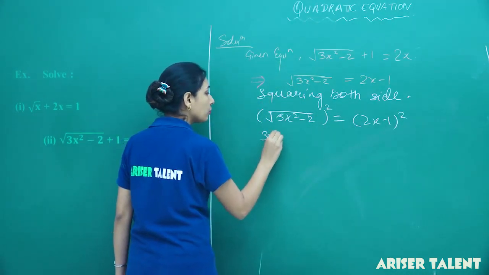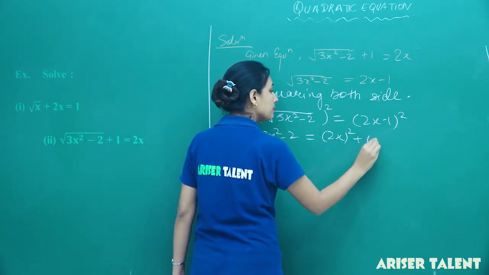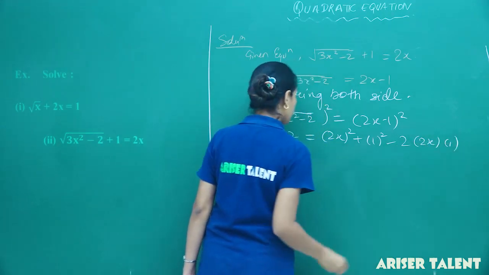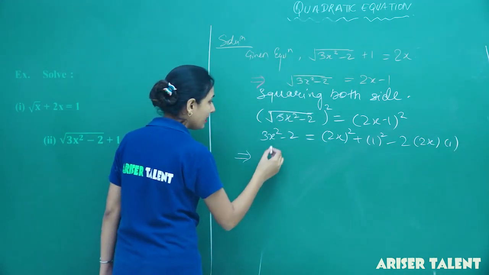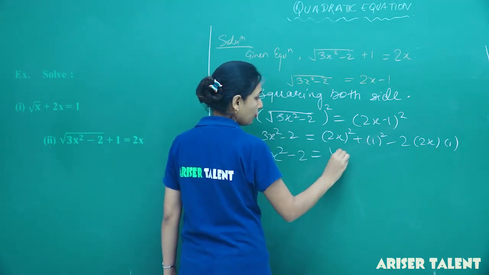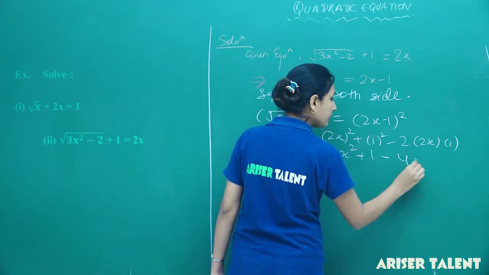That will become 3x square minus 2. The right side will become a square plus b square minus 2ab. So what will it become? 3x square minus 2 equals 4x square plus 1 minus 4x.